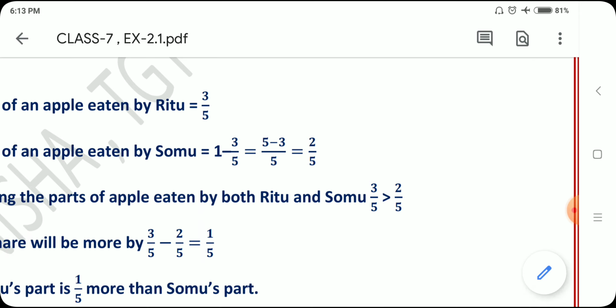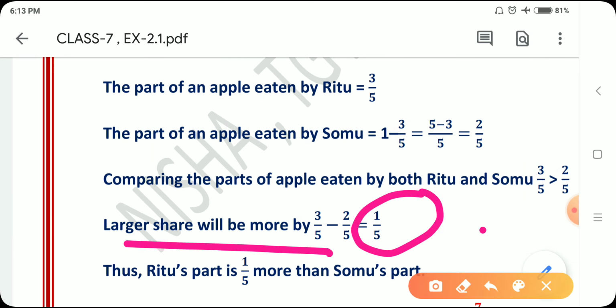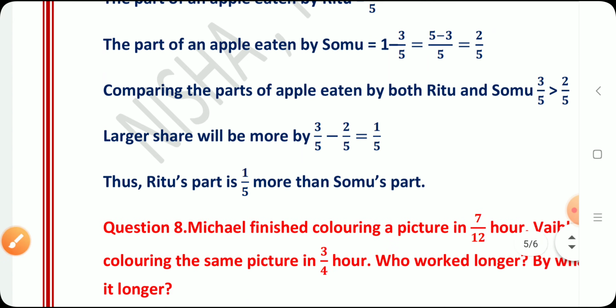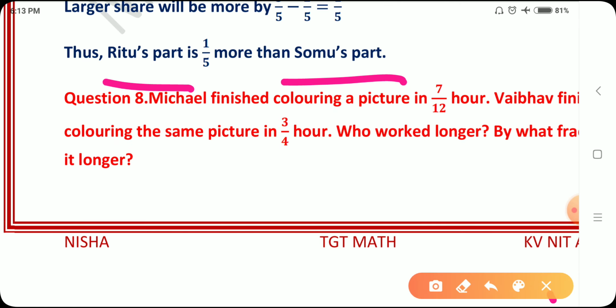So you will write that the larger share is more by 1 by 5. Ritu's part is 1 by 5 more than Sonu's part.